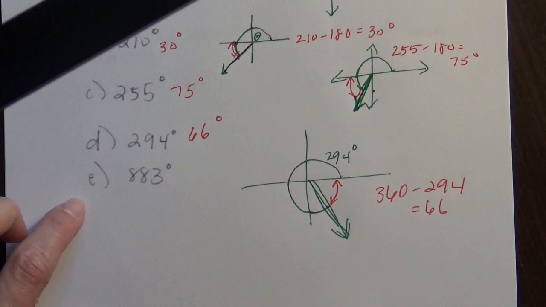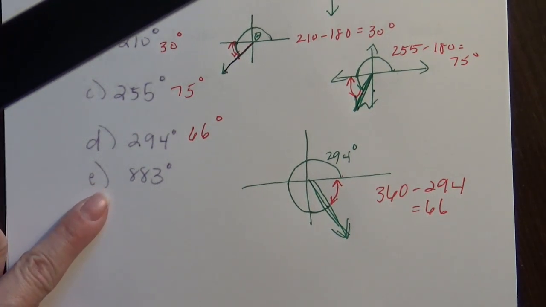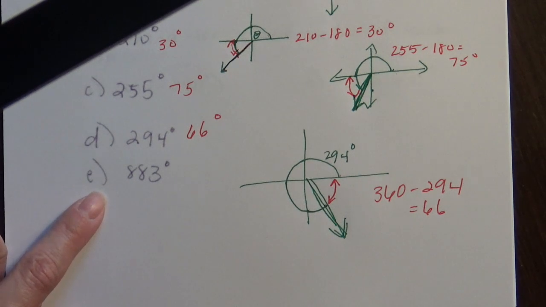For part E, I've got an angle of 883 degrees. It's going to be helpful here if we start with a coterminal angle that's as close as possible to 0 and still positive, so we want to get it under 360.